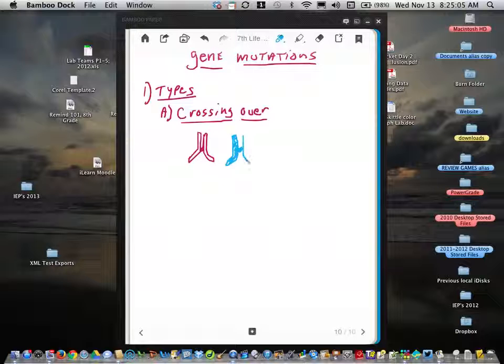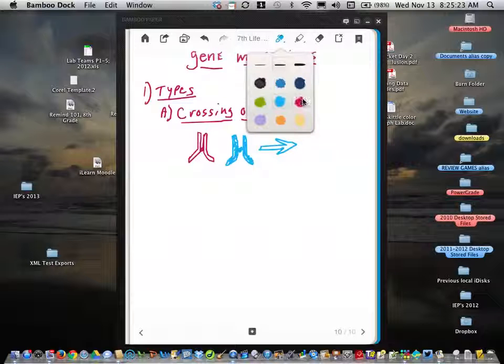And we can tell that they're paired because they're joined together at what's called the centromere here in the middle, that little dot. Crossing over happens when a chunk of one chromosome gets broken off and attached to another chromosome.